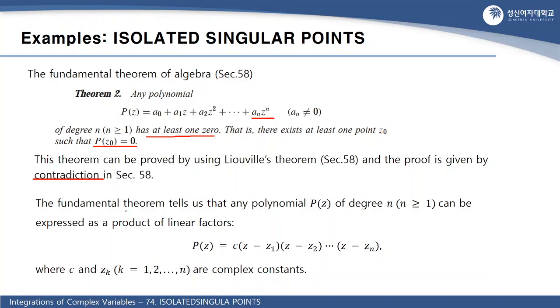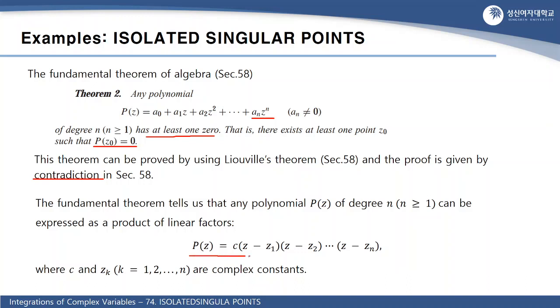Intuitively, the fundamental theorem tells us that any polynomial p of z of degree n, here we assume that n is greater than or equal to 1, can be expressed as a product of linear factors.